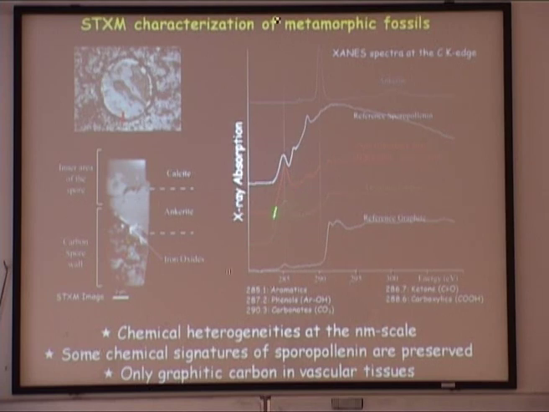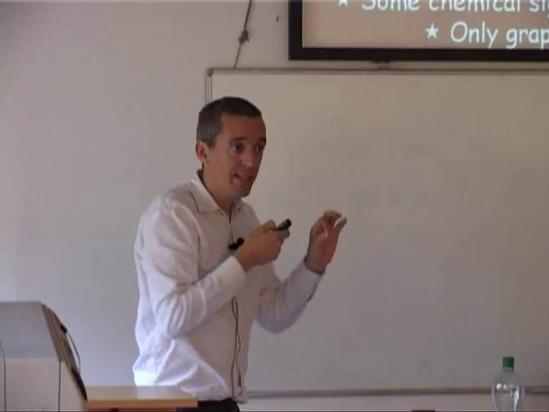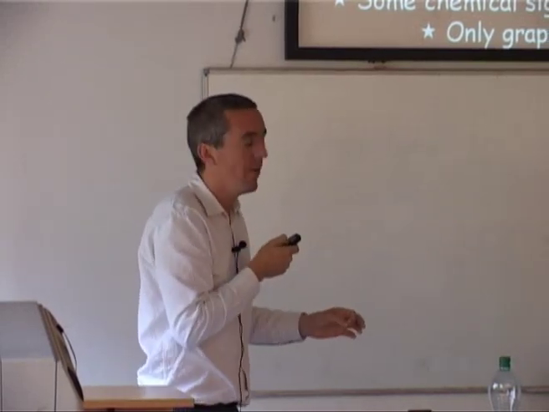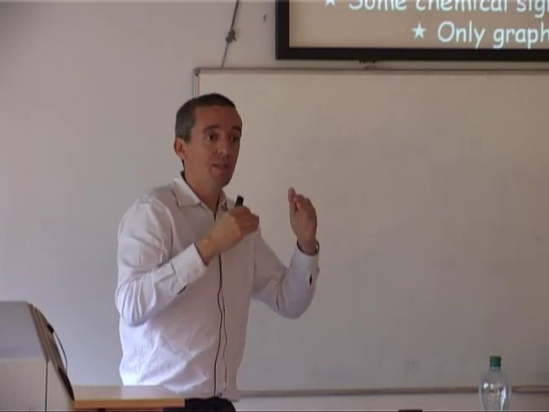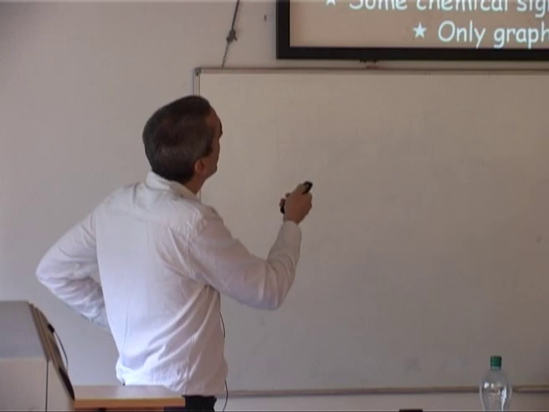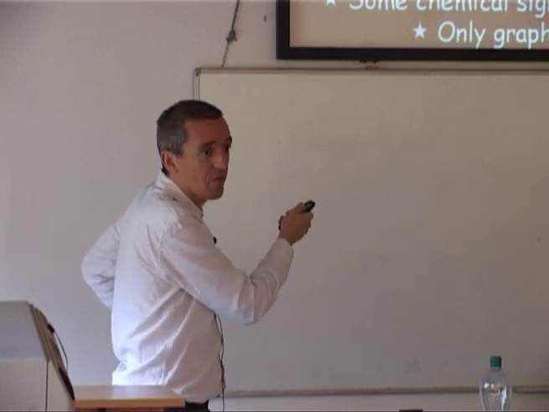Those differences mean that, first, those 2 points are taken on organic carbon. These spectra are characteristic of organic carbon. And these are 2 different types of organic carbon. They are different. So our interpretation was the following.